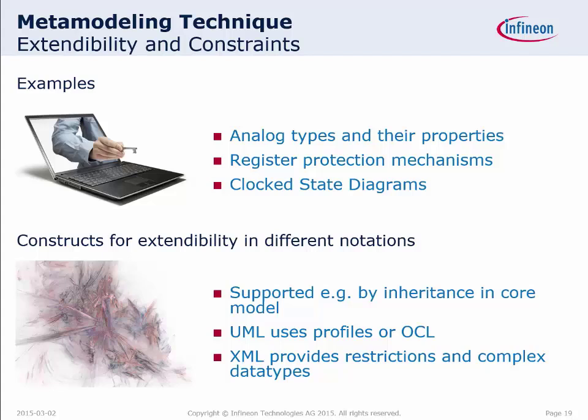Then there are register protection mechanisms. You have so many different bus systems and different projects, and each bus system and each CPU system has different protection modes. For example, you have some kind of end init signal, and the register is physically writable only if the end init signal is 1. In another case, a specific value needs to be in another register for a register to be writable.